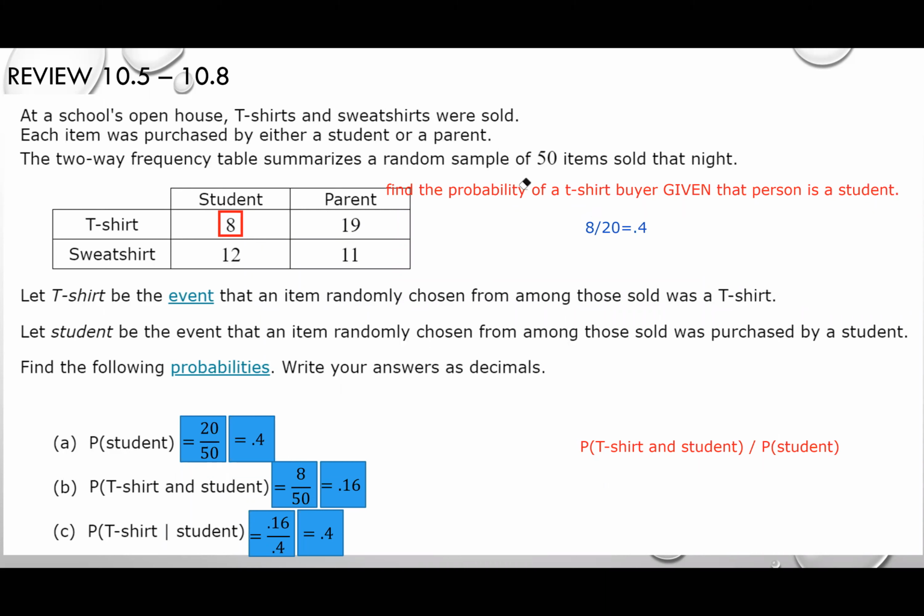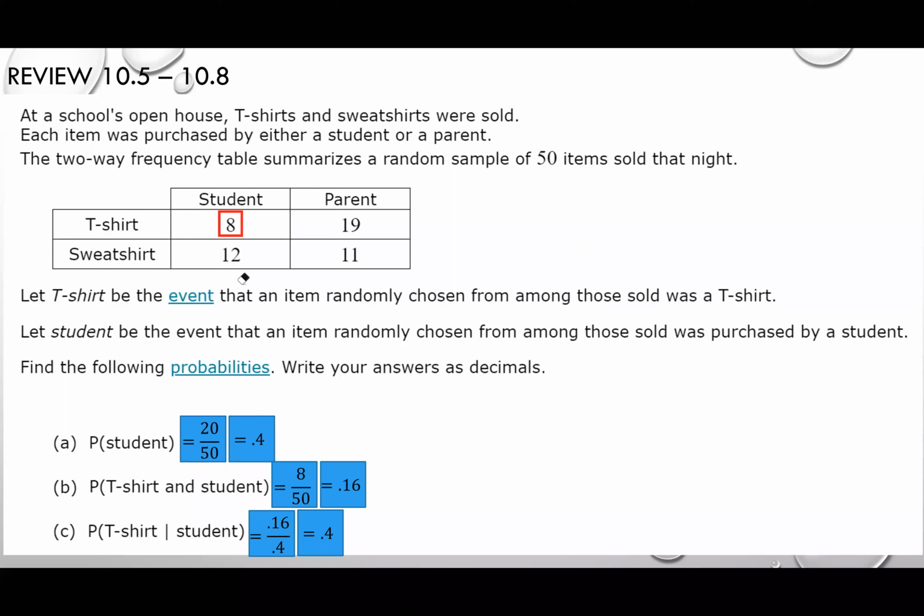Based on this particular problem, you do part A, do part B, and part C is to take part B and divide by part A. They lead you to that item.